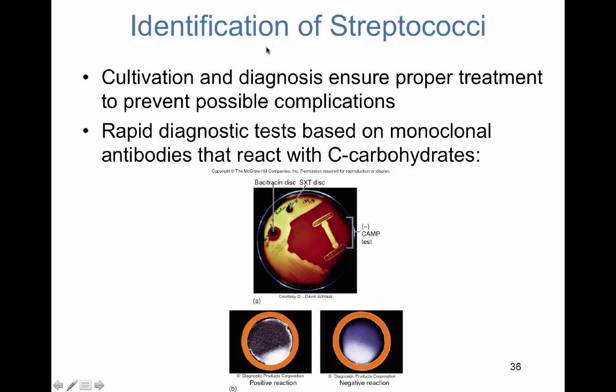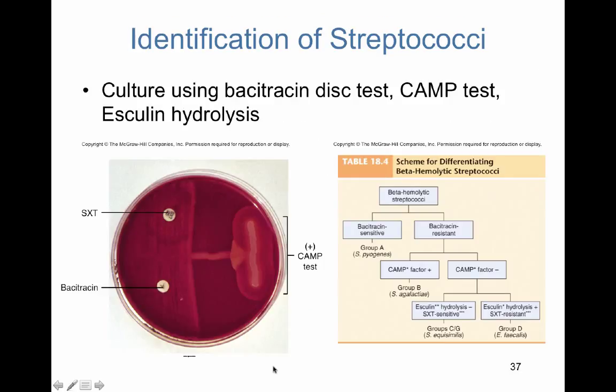So how do we identify strep bacteria? Remember, it is catalase negative, and also it has these C carbs. So this rapid diagnostic test is based on an antibody that reacts with the C carbohydrates. Positive reaction in the bottom here. Also, you can set up a CAMP test and look for the ability to hydrolyze esculin.